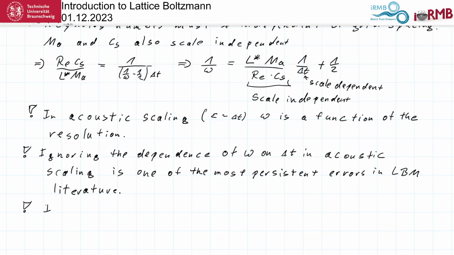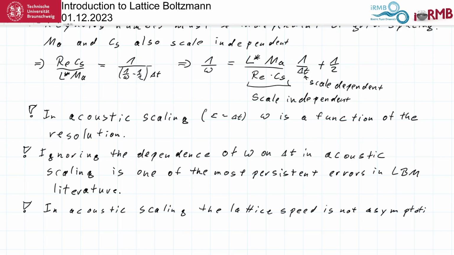Okay, so there is something else that we have to take into consideration. In acoustic scaling, the lattice speed is not asymptotically small, sorry, not asymptotically small, and the rest of it.